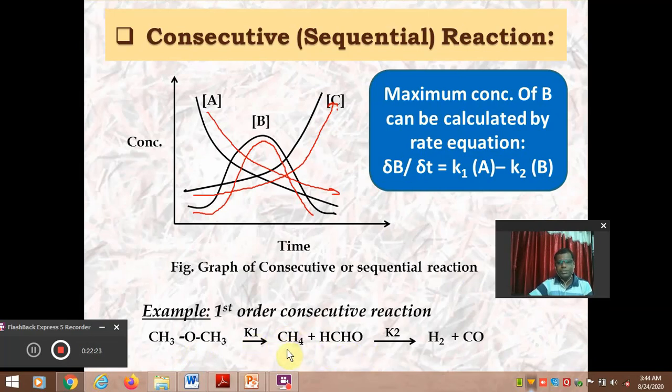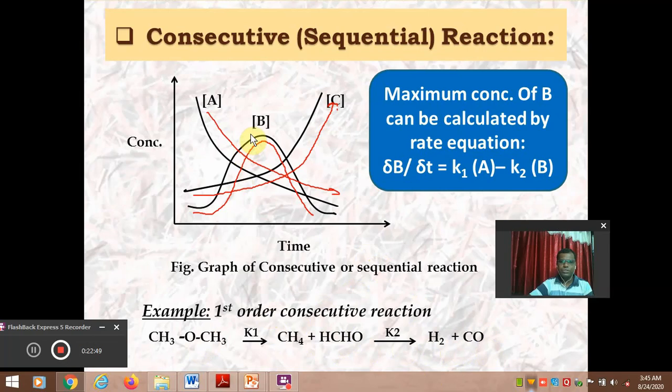These are the intermediates. What happens is that this formaldehyde is again converted into another product, hydrogen, with the rate constant K2, and carbon monoxide. All are gases, but this formaldehyde is again converted into the final products of this dimethyl ether, hydrogen and carbon monoxide.